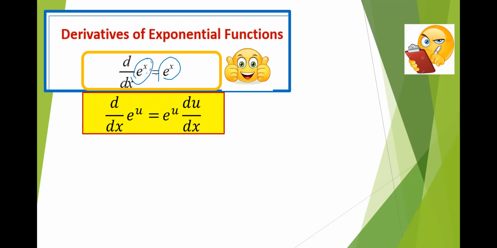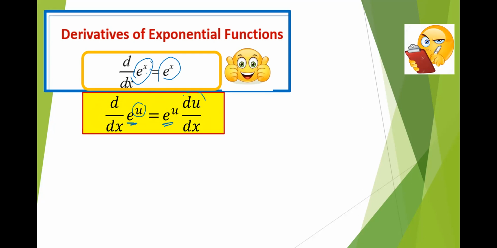Ayan. Now, what we have here, kunwari, is a modification of the previous formula. What if our exponent is not just simply x? What if it's a function of x? Like, kunwari, nasa u siya na u is a function of x. So, there's still the copying part. Andun pa rin yung ika-copy mo whatever is given.